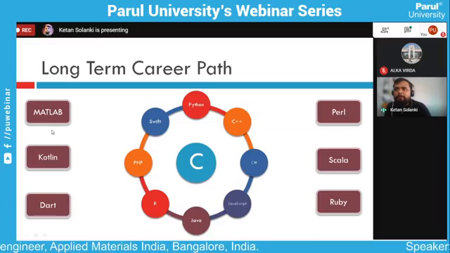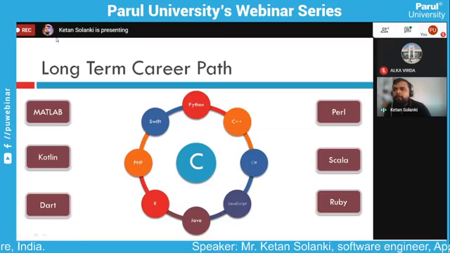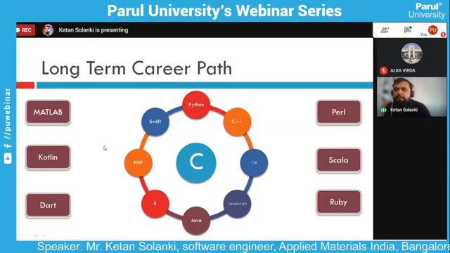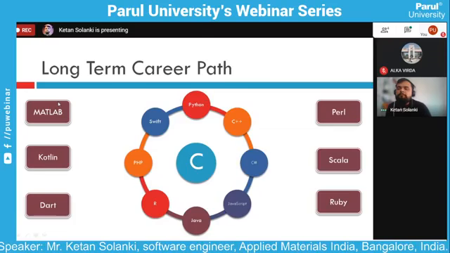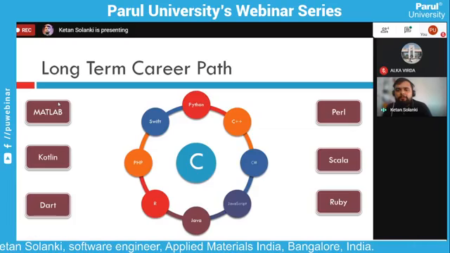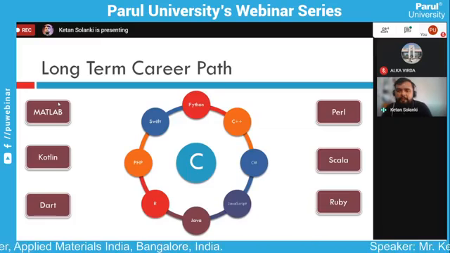MATLAB is a programming language used in signals and systems, as well as digital signal processing, image processing, and video processing. Mechanical as well as electrical engineering students, and industrial personnel, also use the official version of MATLAB.